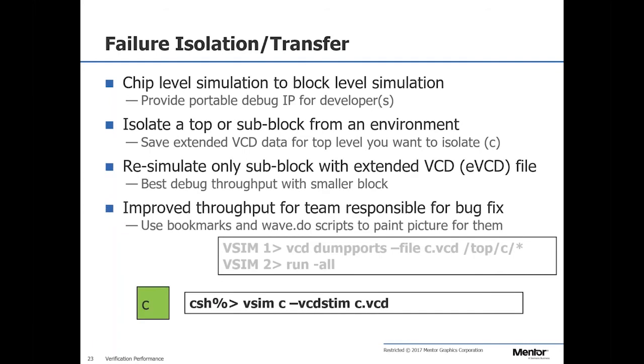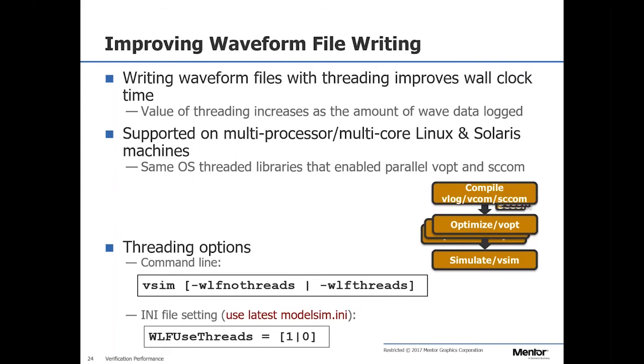So let's see. This is something only if you're on Linux, and it happens by default now. But basically, on the Linux environment, the writing of the wave file and the rest of the simulation kernel are actually separate threads. They'll use two different processors to do that task.